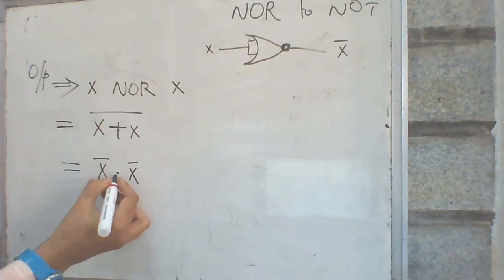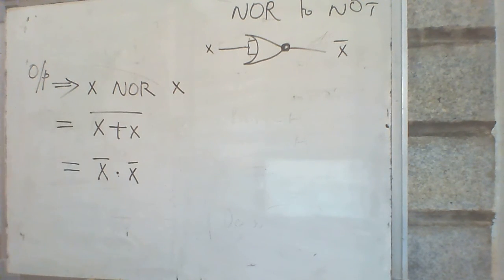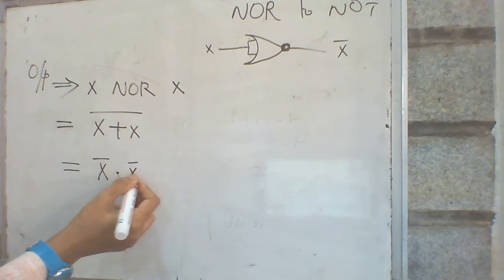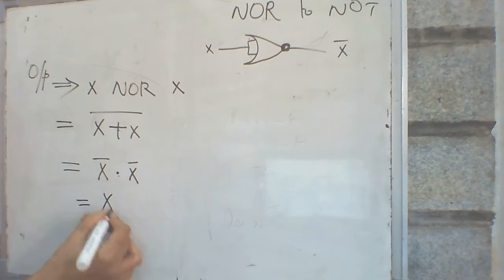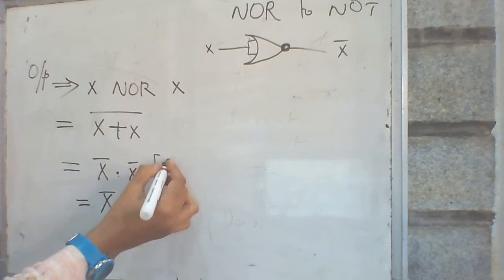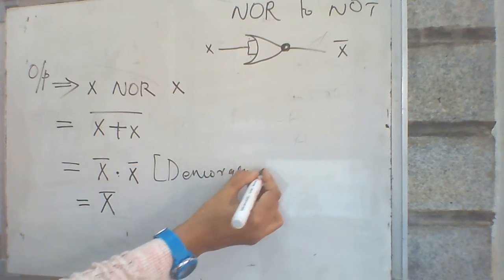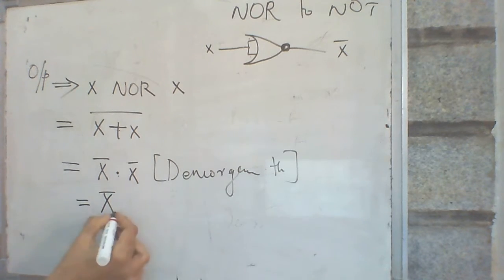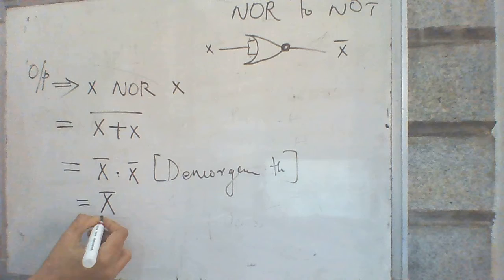If it is plus, here it will be dot. Then X bar dot X bar is equal to X bar. The reason for this step is De Morgan's theorem.